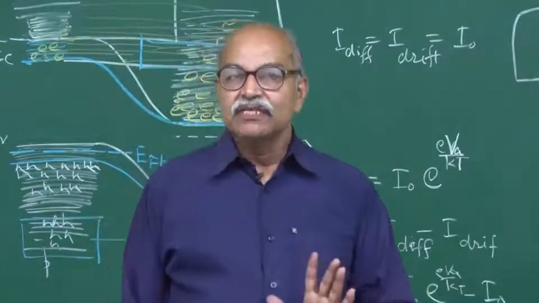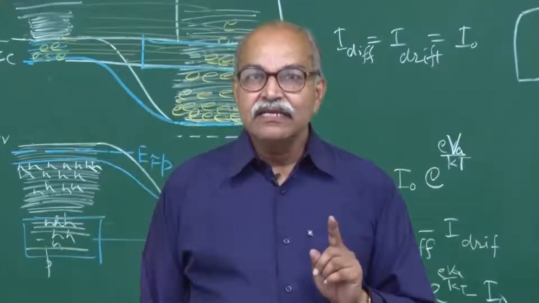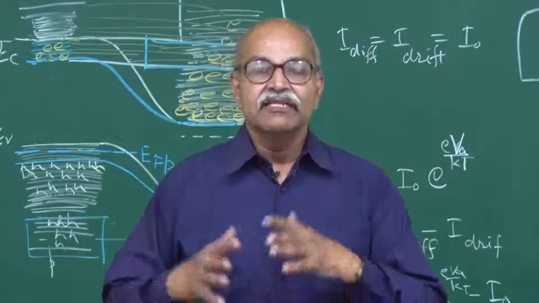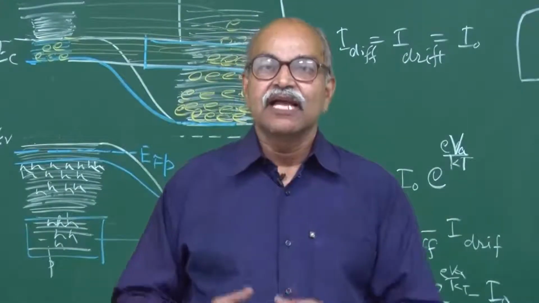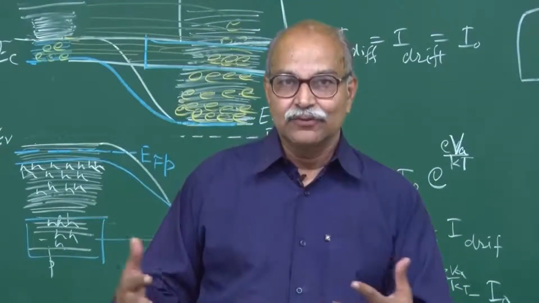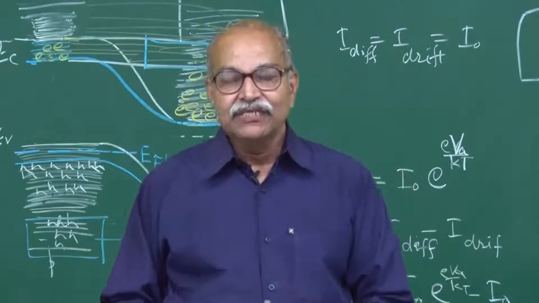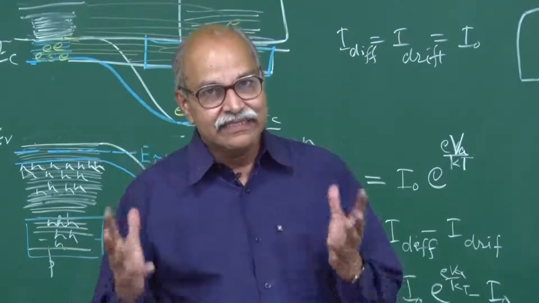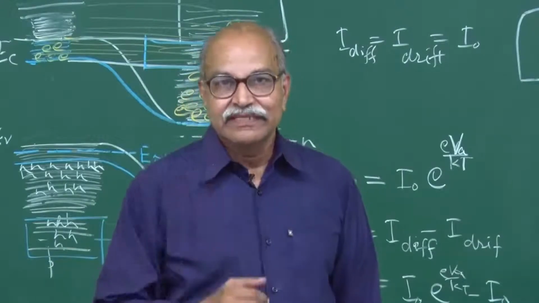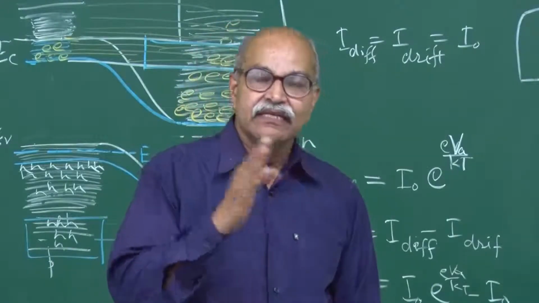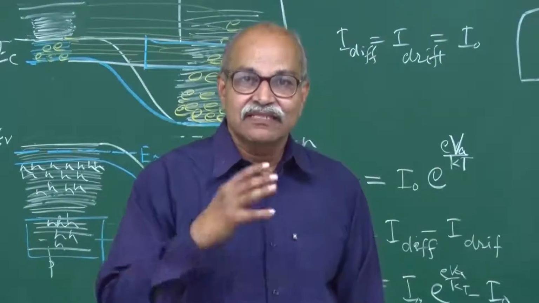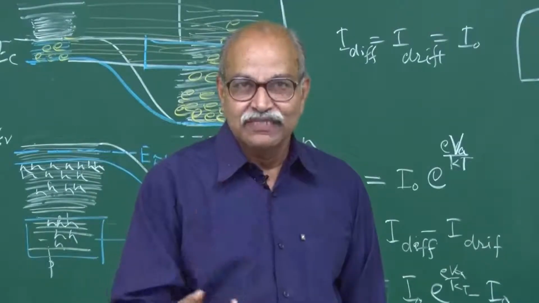This equation is called the ideal diode equation. There are several assumptions taken to derive this equation, and that is why it is called the ideal diode equation. There are resistances involved, the depletion layer offers large resistance, and there are some assumptions about the carrier concentrations at the edges of the depletion layer.